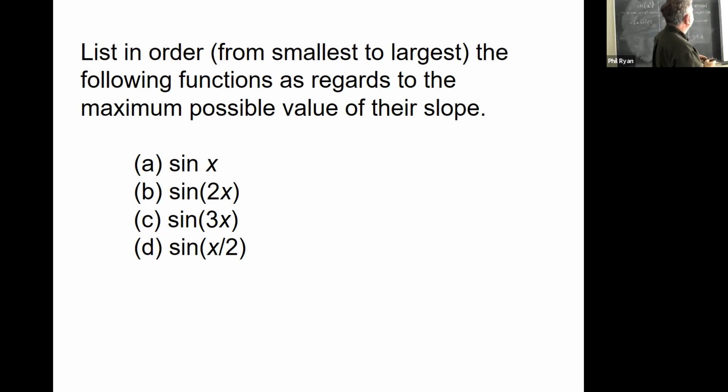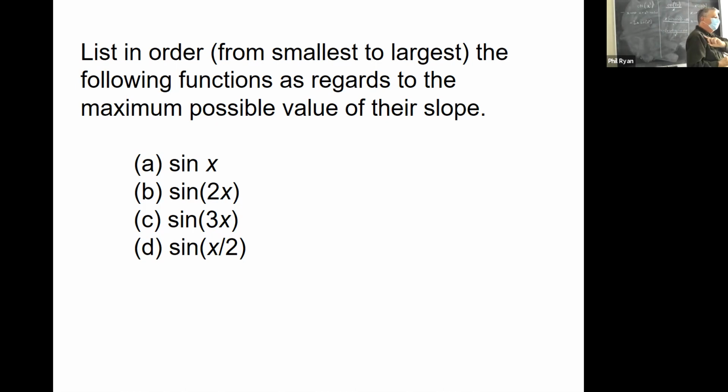Okay, so from smallest to largest. So when we take the derivative of this, so you're saying this has got the smallest slope? Oh, yeah, I did that the wrong way. You went from largest to smallest, didn't you? Yep.